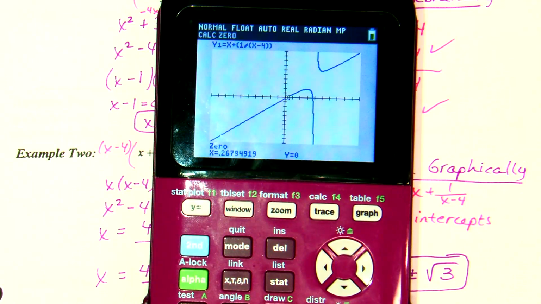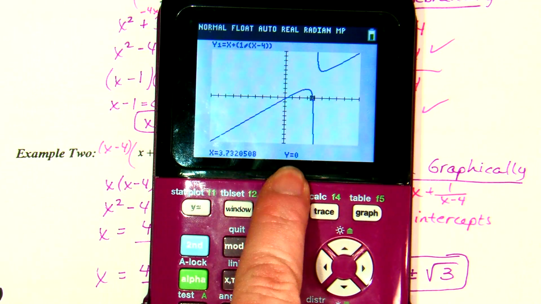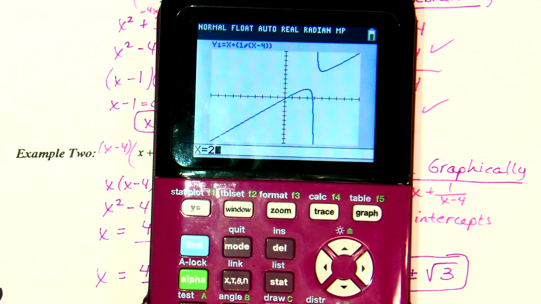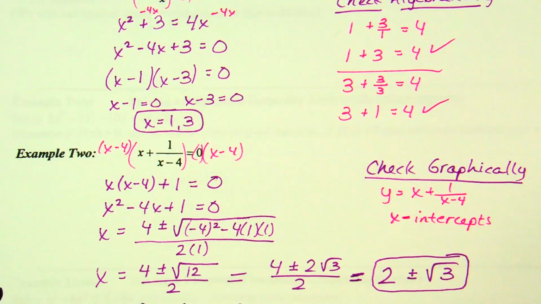So next option was, could you hit trace and plug in one of our zeros, 2 plus radical 3? Is that a zero? Yes, it's showing as an x-intercept. If I hit trace again and do the other one, 2 minus radical 3, is it a zero? Yes. So you can check those to make sure they are x-intercepts.